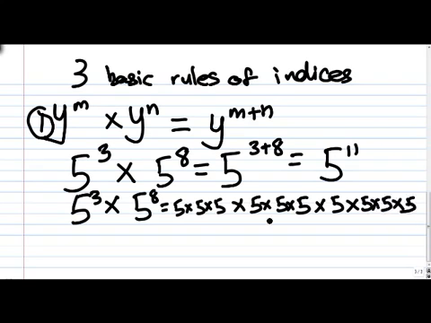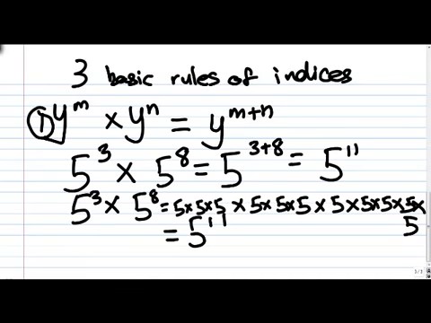Let's see, how many times are there here? 1, 2, 3, 4, 5, 6, 7. And then times 5 again. That's what you're doing actually, and that's how you get 5 to the power 11. Now, this law allows you to simplify this process by just adding the indices, 3 plus 8 in this case.